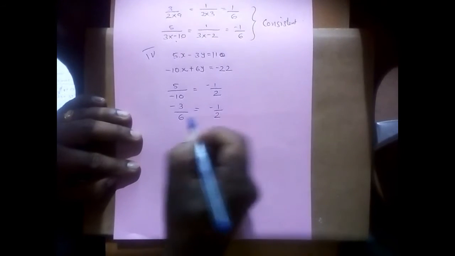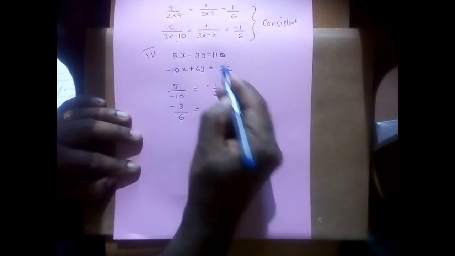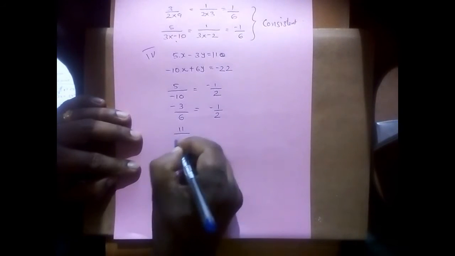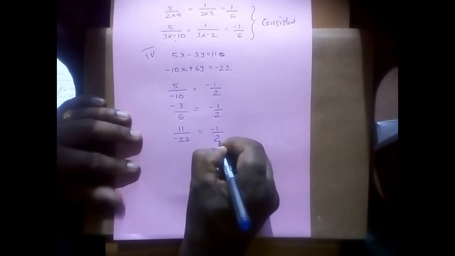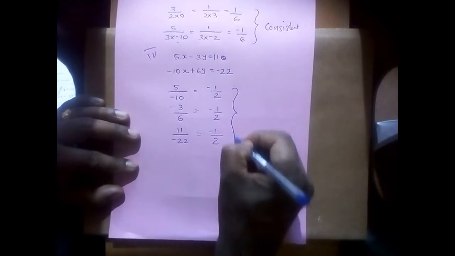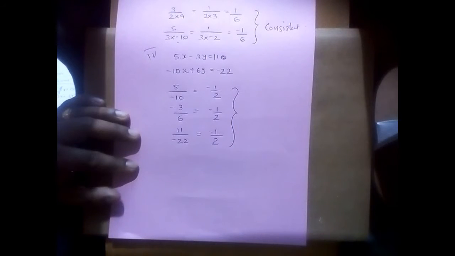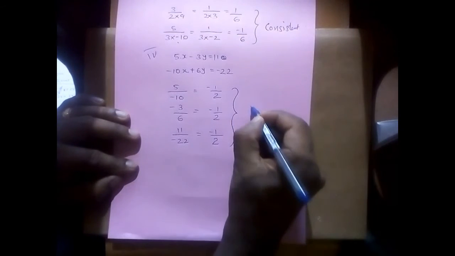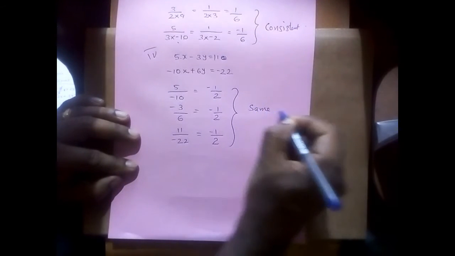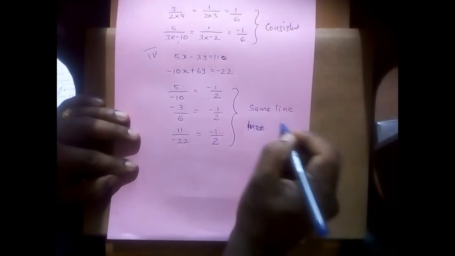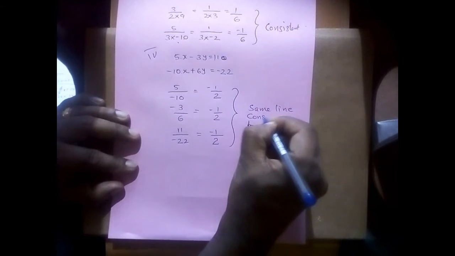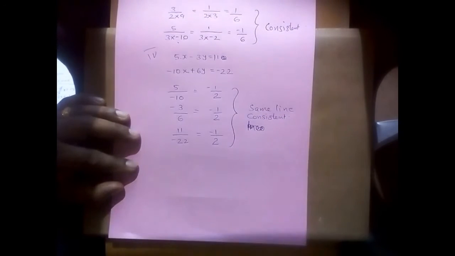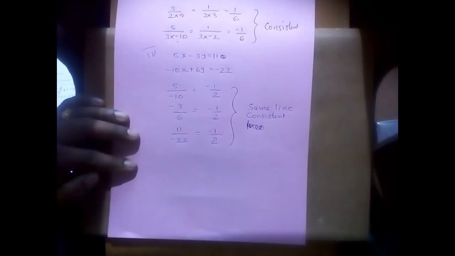Okay, now what about C1 by C2? C1 by C2 is equal to 11 divided by minus 22, that is minus 1 by 2. So all these ratios are equal, which means they represent the same line. Same line means this set is consistent. Inconsistency comes only when these two lines are parallel.